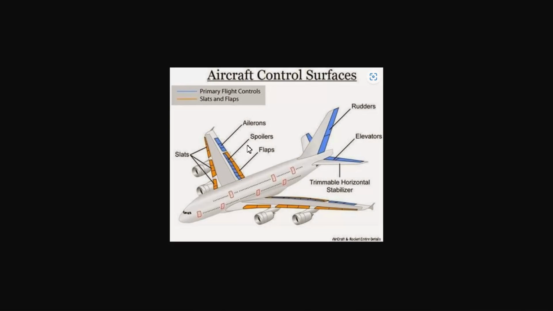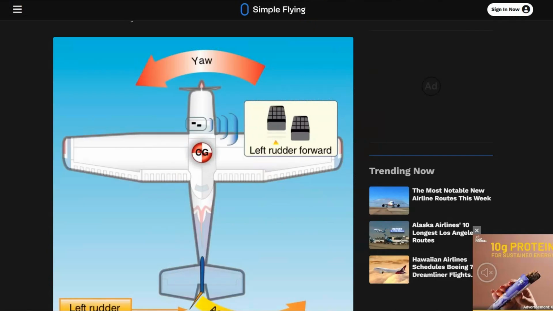So other parts are attached, like trim tabs and slats, which are on the leading edge of the wings. Then spoilers, which are used for braking. Flaps also provide lift to the aircraft and a lower minimum stall speed. These are the secondary controls of an aircraft.